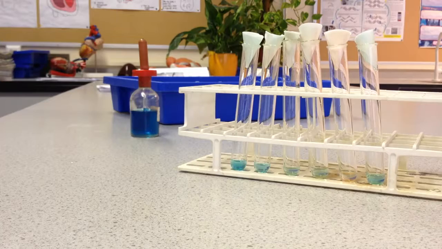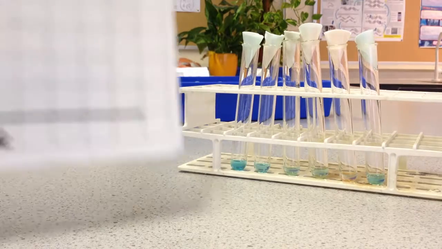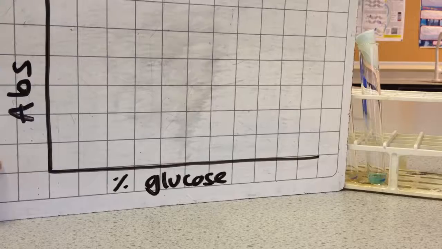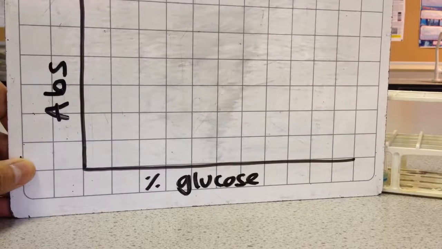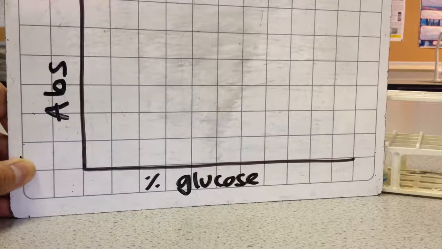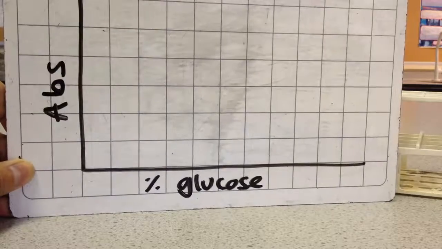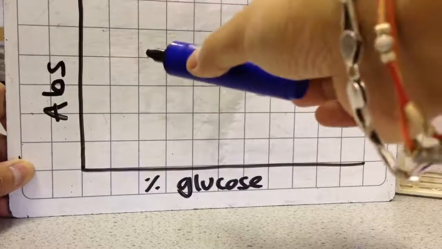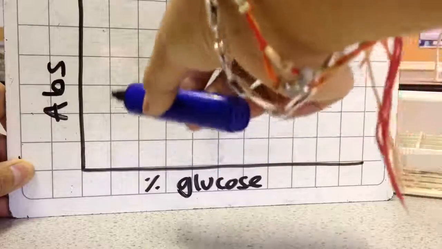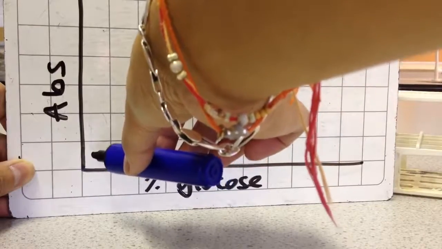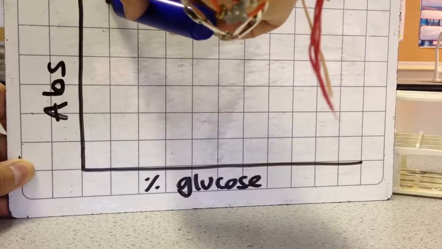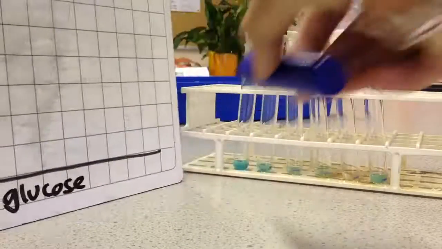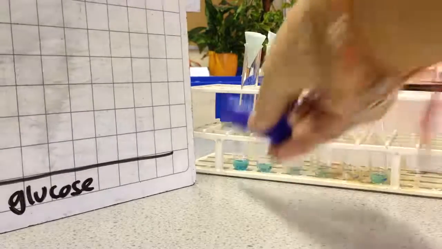Okay, so if we now use a colorimeter and measure the absorbance of the different solutions, we would then make a calibration curve using first our known concentrations of glucose. So for every concentration of glucose, I would get a particular absorbance. So the lower the percentage of glucose, I would get a higher absorbance because there's more unreacted copper in there.